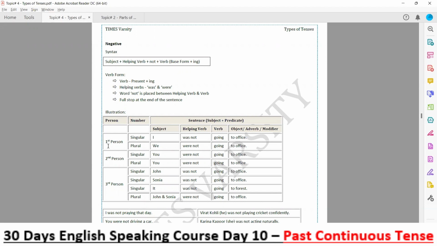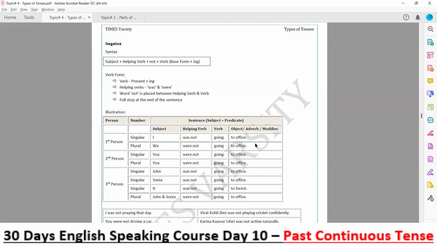Okay. So for first person, I was not going to office. Here in the affirmative, we are including the word not and it is becoming a negative sentence. So I was not going to office. We were not going to office, right? So you see, was is being used with first person singular and third person singular. And for the rest of the pronouns, were is being used.